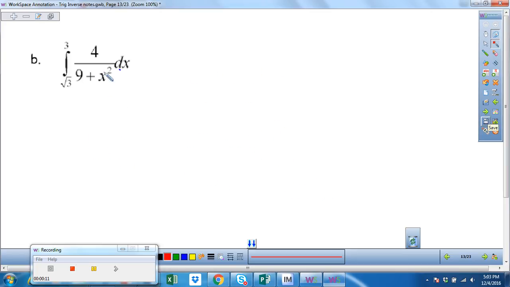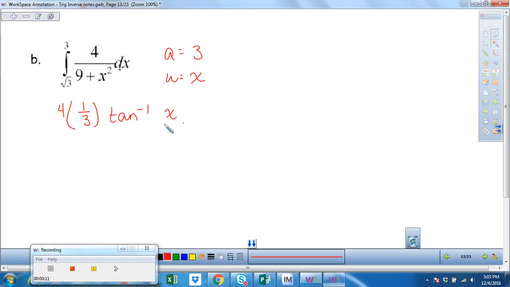Okay, so once again, this looks like tan. I can't do a u substitution because I get 2x. So I have to use tan inverse. So a is 3, and the u is x. So the 4 is going to be on the outside. So I get 1 over a, so 1/3 times the tan inverse of x over 3, and I'm evaluating that from radical 3 to 3.